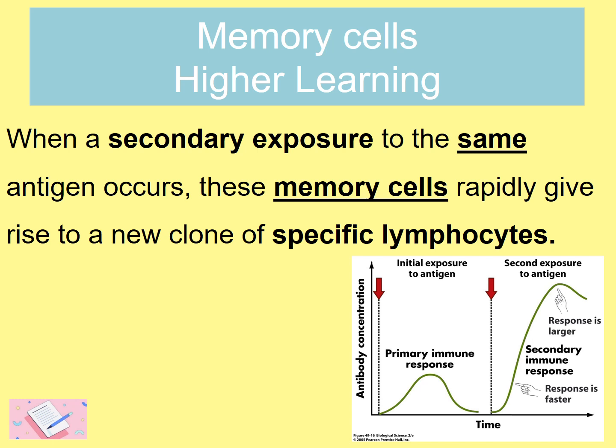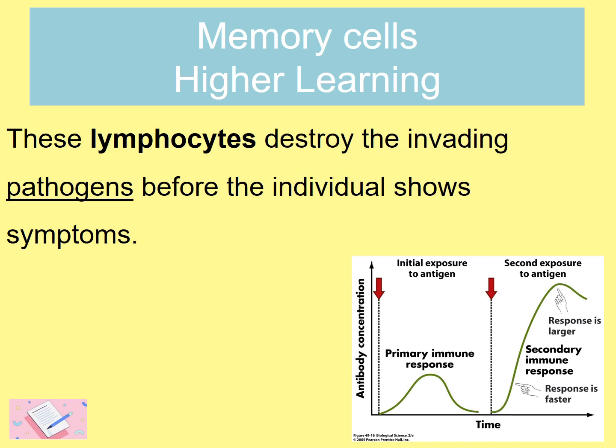When the body becomes exposed to the microorganism for the second time, the memory cells quickly proliferate and differentiate, producing clones of the T cells and the antibody-forming B cells. These lymphocytes can then destroy the invading pathogens before the individual shows the symptoms, and this is known as the secondary response.